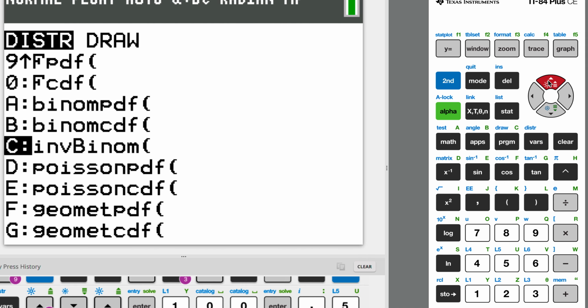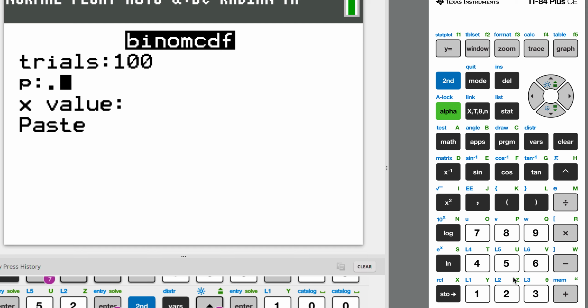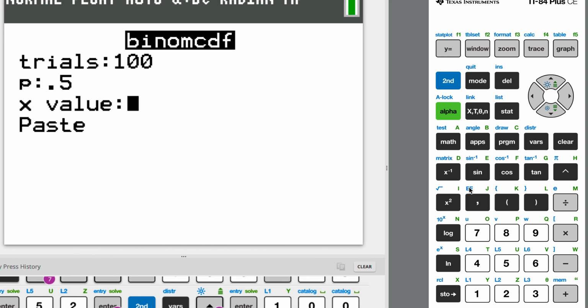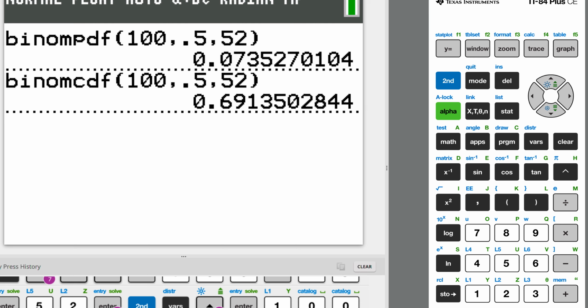So we go all the way down, you'll see binomial CDF. And you enter your number of trials, you enter your p-value, and you will enter what's the maximum you wanted to add up to. I wanted to get to 52. I wanted at most to be 52. And you'll notice the number is different now for CDF because it's been adding up all the probabilities.